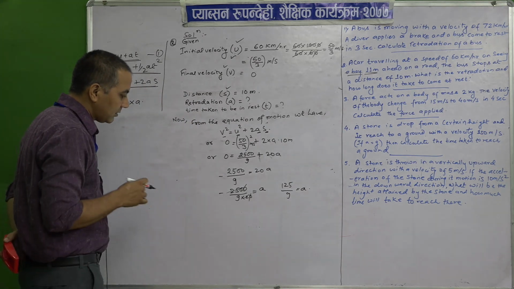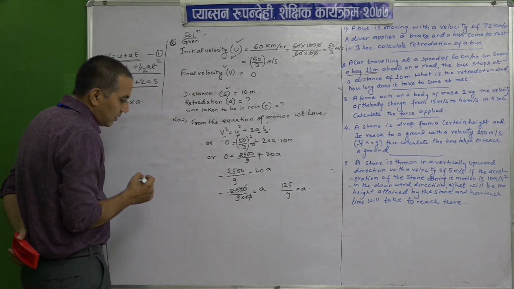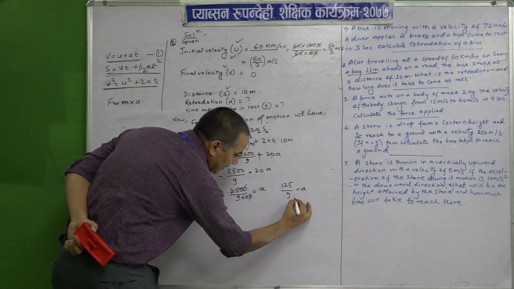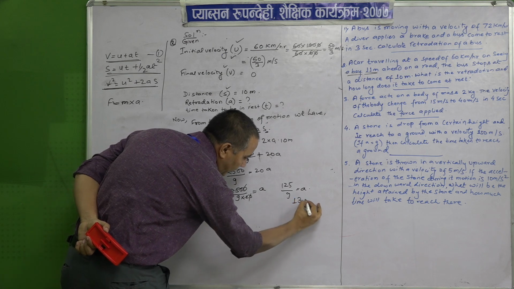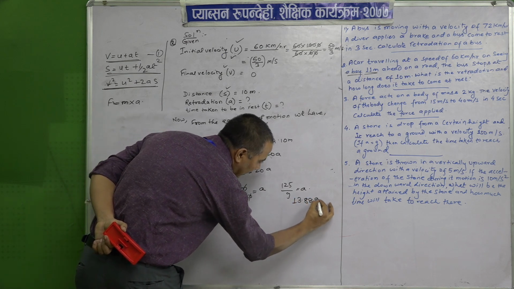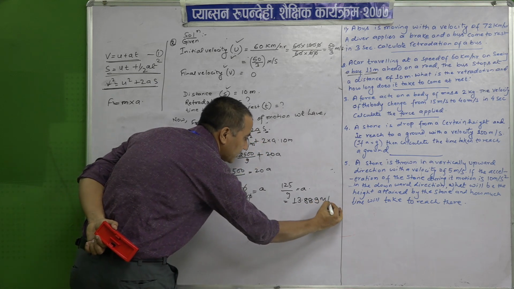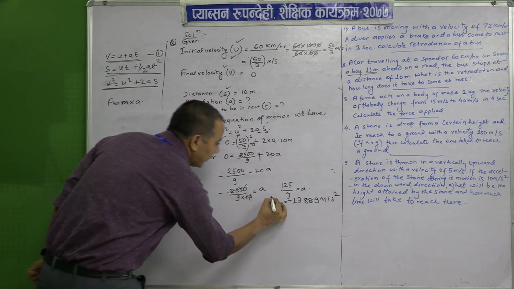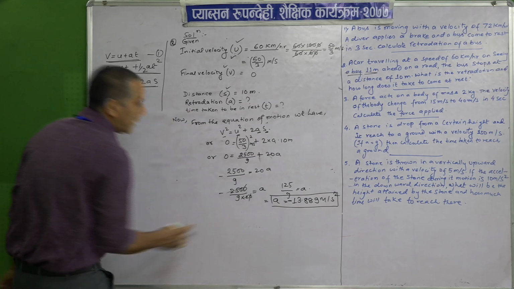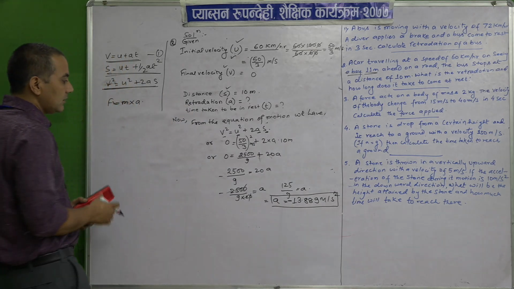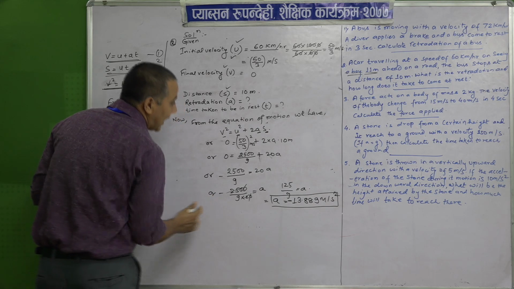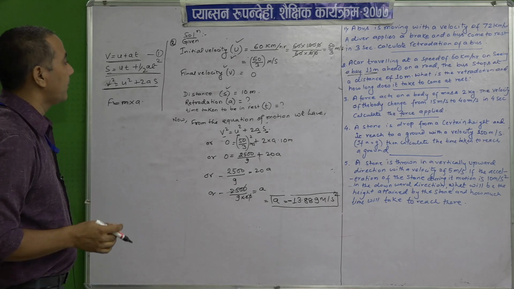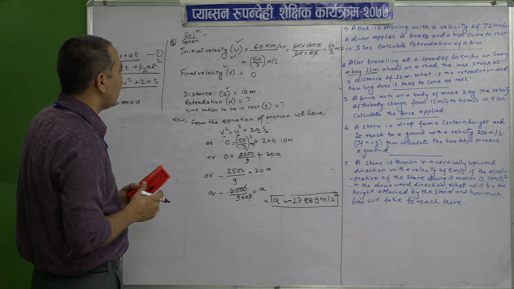Then 9 ones are 9, 9 threes are 27, and it comes to 13.889. That is meter per second square. So a equals minus 13.9 meter per second square. This is the acceleration produced in the body.